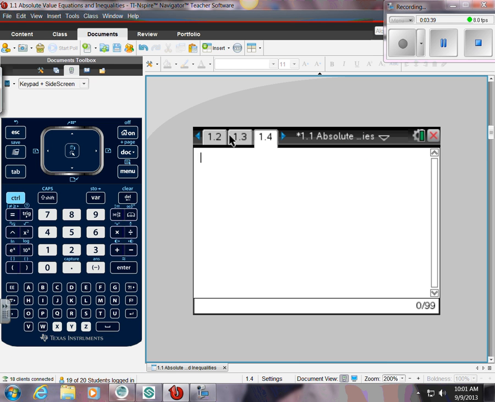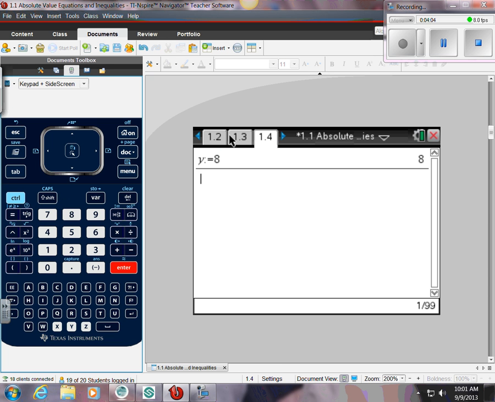So we're going to use the store function. Do you guys remember how to store things? All right, so we're going to store our first solution first, which was 8. So you're going to select Y, Control, Math Template. Your Math Template key is the one right next to the 9. Okay. 8, Enter.